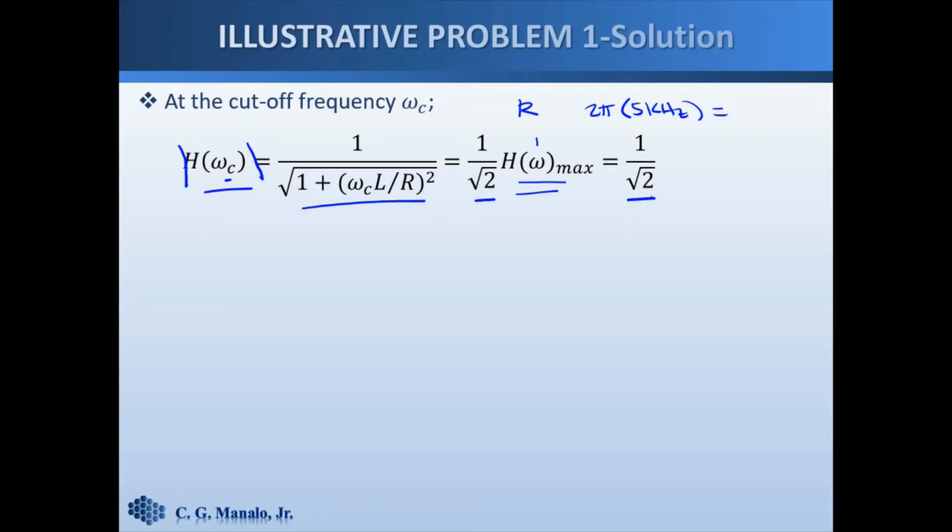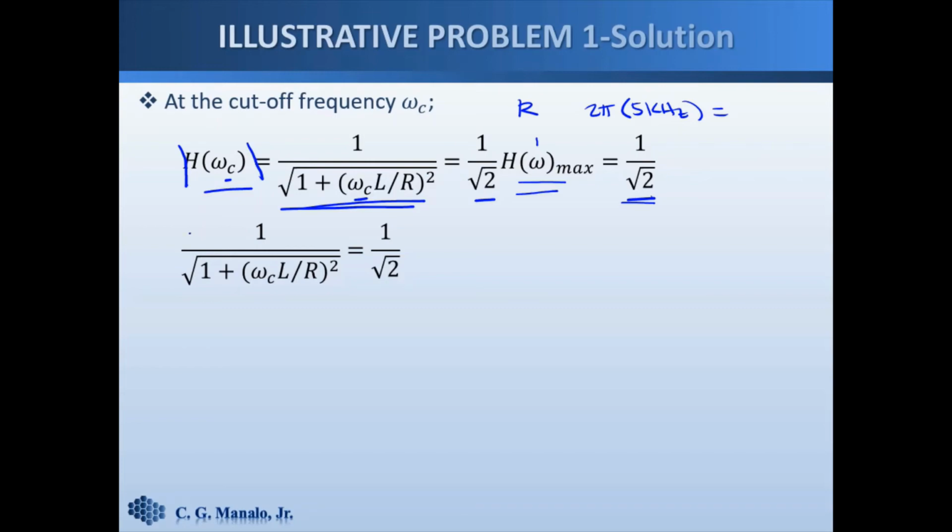so from this equation now, we can compute for omega sub c. Okay, so that means that this must be equal to this one. So computing for omega sub c, we can do that by squaring both sides.